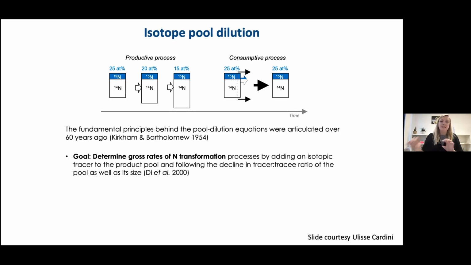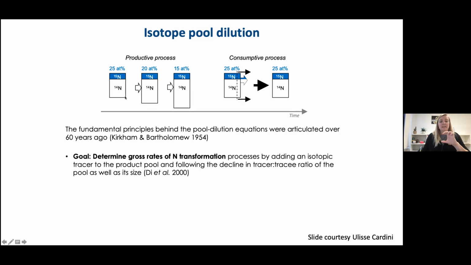And if you want to tease these 2 apart, what you can do is have a pool of the compound of interest that is separated into 2 different fractions, one that's labeled with the rare isotope and one that contains mostly the common isotope, 14N in this example.